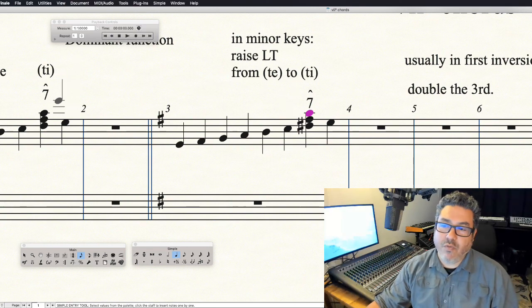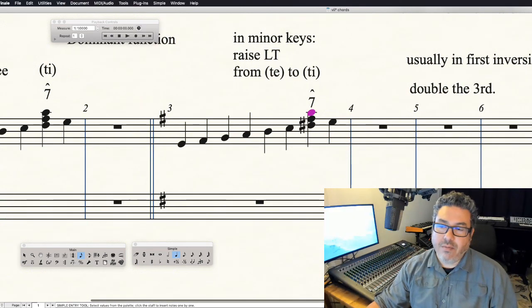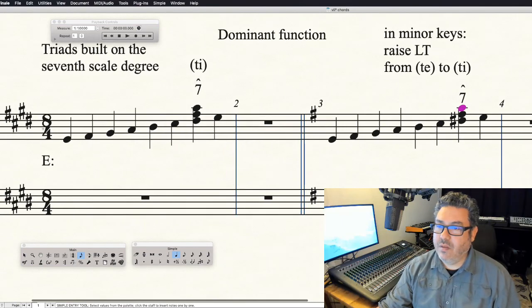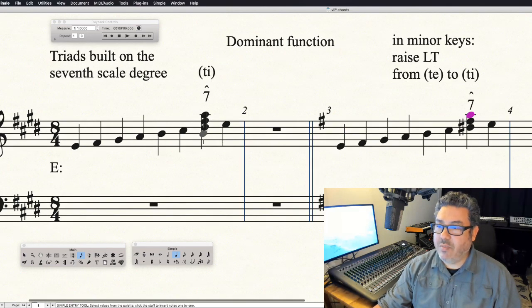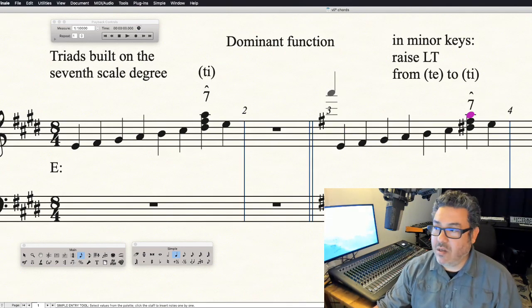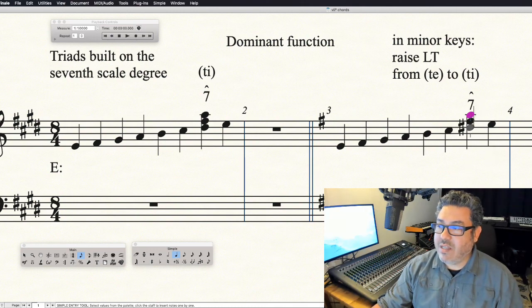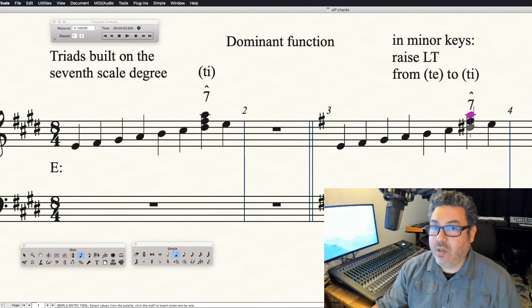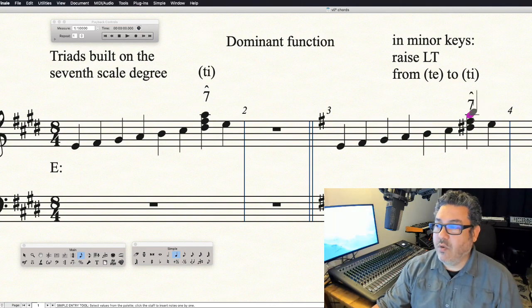Same chords. So therefore, the 7th scale degree in major is T, or leading tone, and then the 7th scale degree in minor is now T, or leading tone. And so it's the same chord.